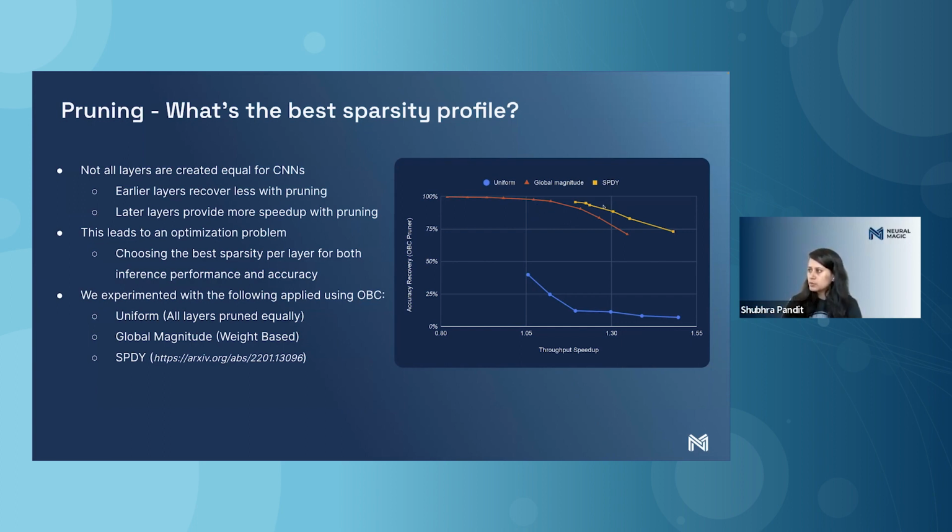But speedy really gives us the best balance between accuracy recovery and the performance benefit that we get. So we found speedy to be a better method overall, and we picked this for our further training-aware experiments with pruning.